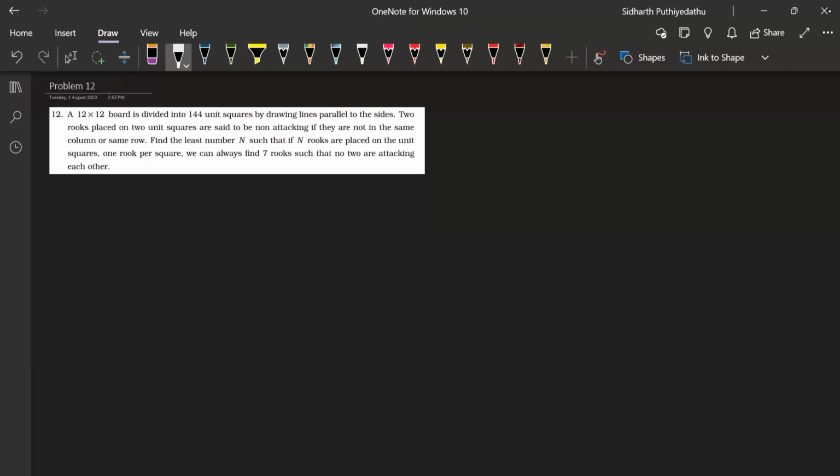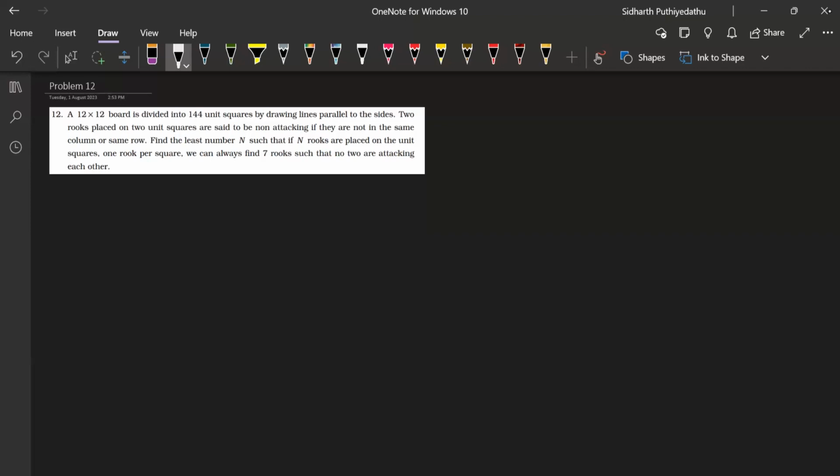So we're trying to find this number. The immediate idea, and why a lot of people got it correct without solving, is that we just try to construct. We try to pack a lot of rooks together such that you can't get 7 rooks that are pairwise non-attacking.